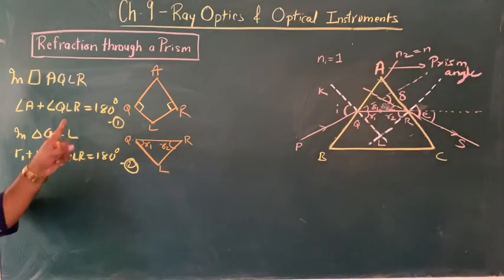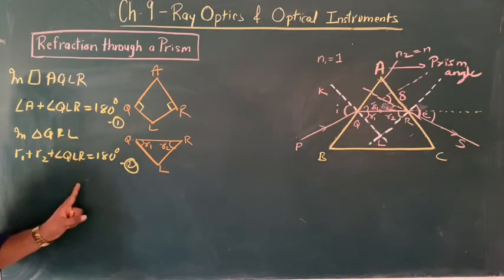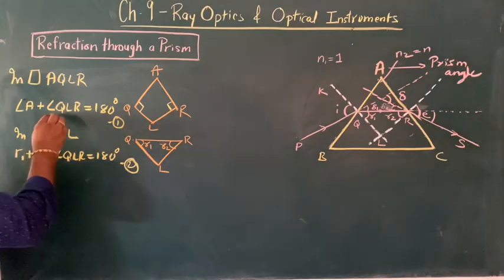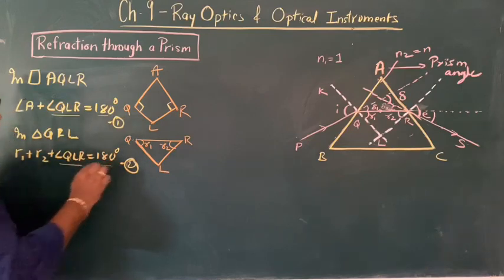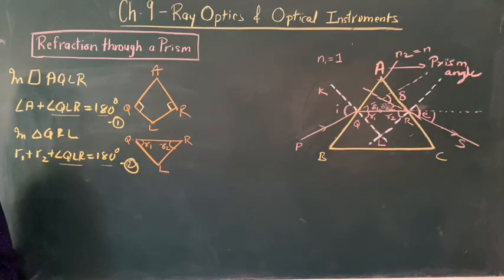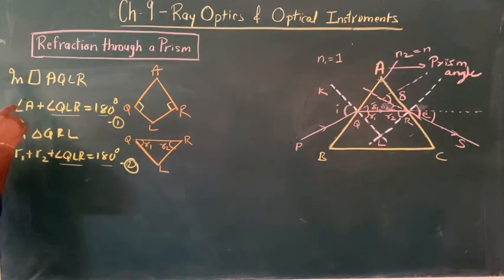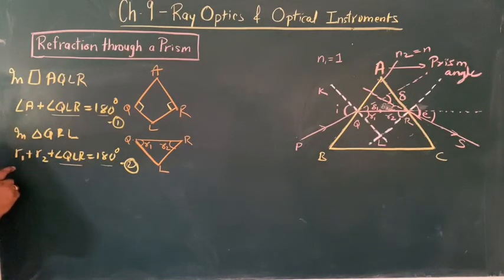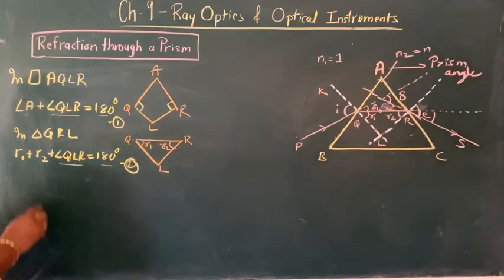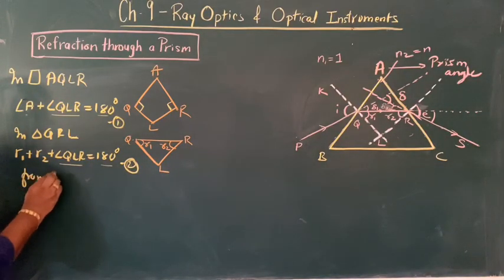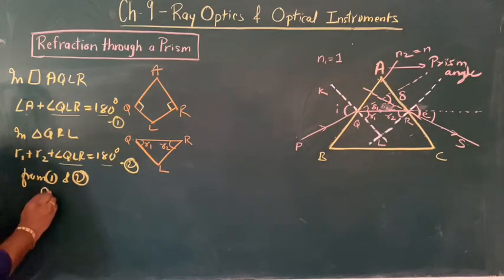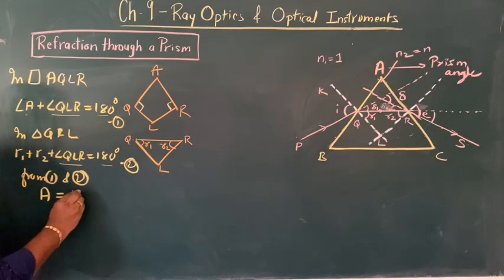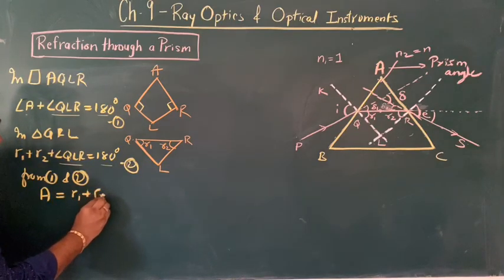Now, when I compare these two equations, here also it's angle QLR, here also it's angle QLR, and in both cases the RHS is 180. So what does this mean? This means that angle A is equal to R1 plus R2. So from equations 1 and 2, I can write angle A equals R1 plus R2.